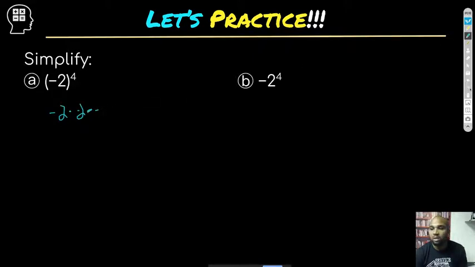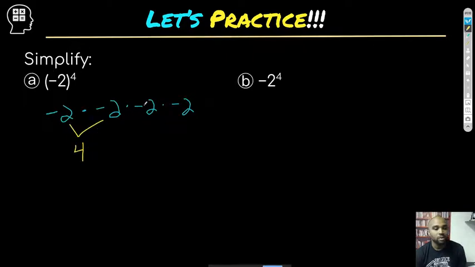All right, that is getting a little bit confusing. Let me make sure I draw this out really good. So negative 2 times negative 2 times negative 2 times negative 2. So what is that going to give me? Well, I know that negative times a negative is a positive. So these two is going to give me a positive 4.